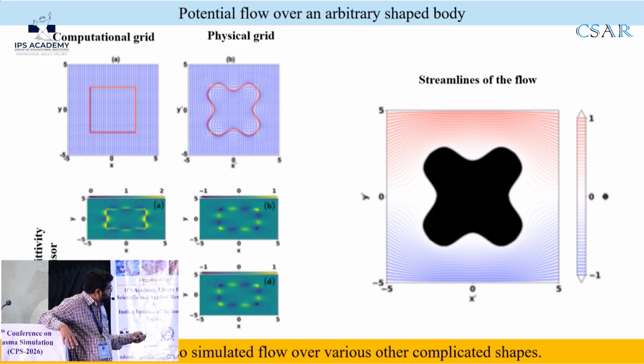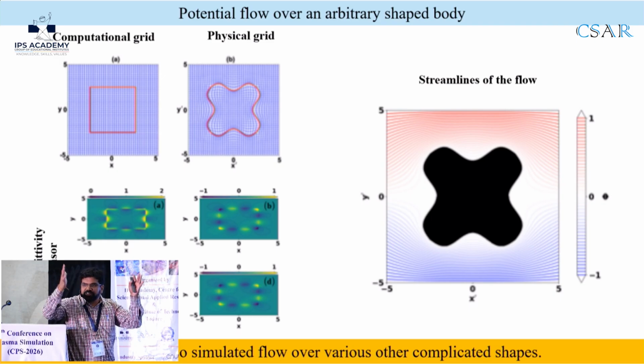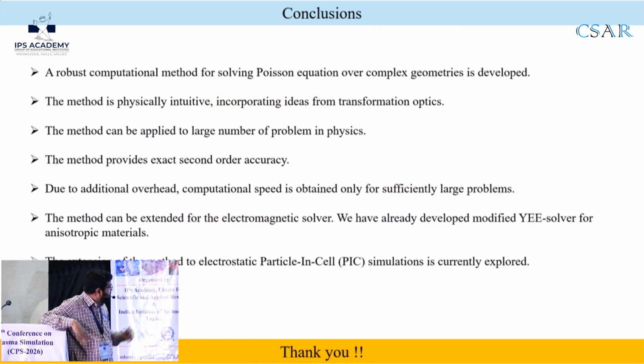And on this complicated shape, this is a flow over complicated geometry. There's absolutely no reason why I cannot do an electrostatic problem with this. So that is the central idea. You make a transformation, go to a standard, nice, well-behaved grid, then compute the field and then transform back to the original space.